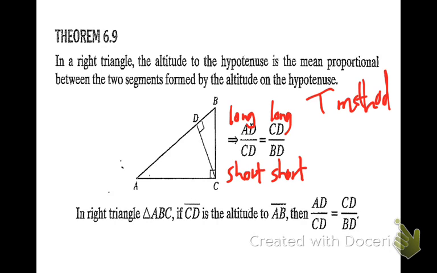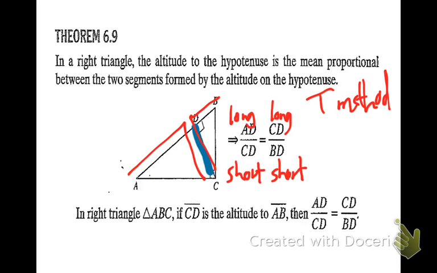So when I have a triangle with an altitude drawn to the hypotenuse, and it involves this middle segment here, we're going to use the T method. When I set up my proportion, it's going to make a pattern of a T. I say AD is to CD as CD is to DB.